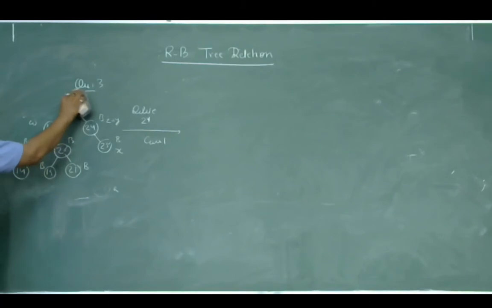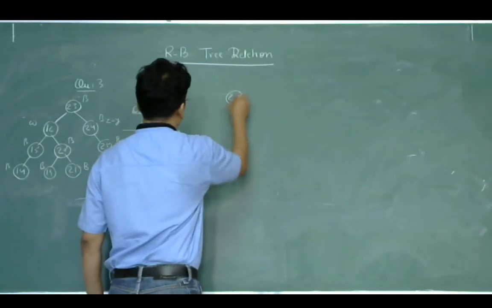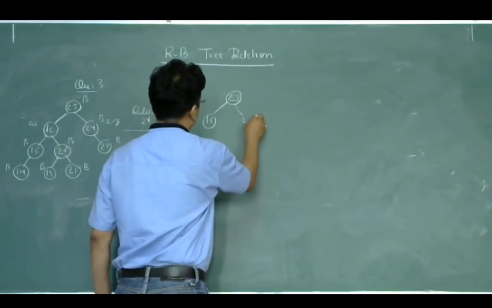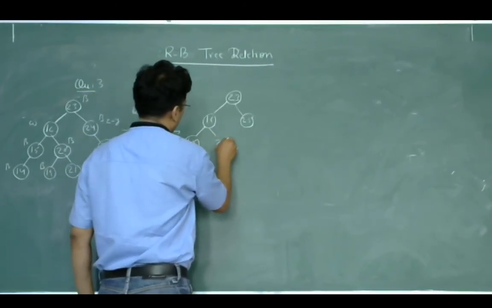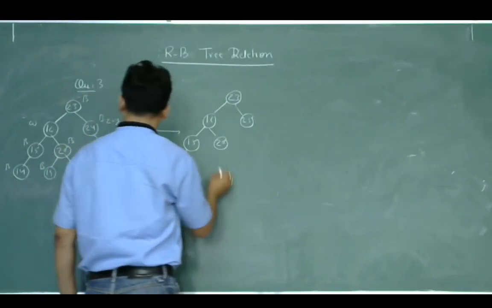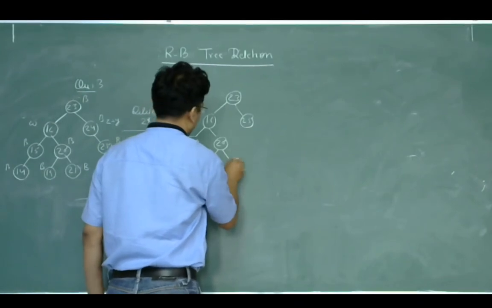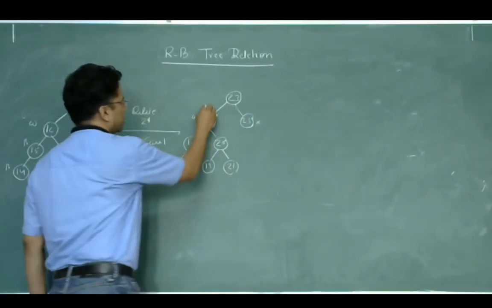Okay, so simply the node will be deleted, and after deletion it will become like this: 23, 16, 25, 15, 20, 14, 19 and 21. Now this is the position of X, and this is W. It's of red color.